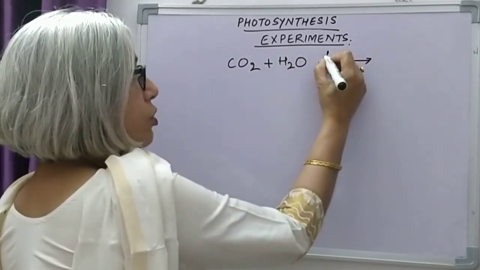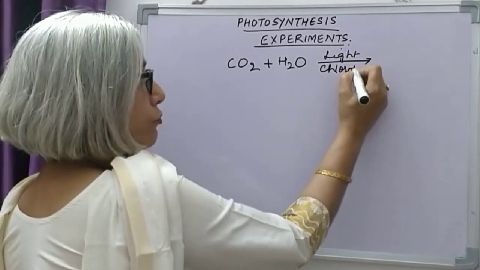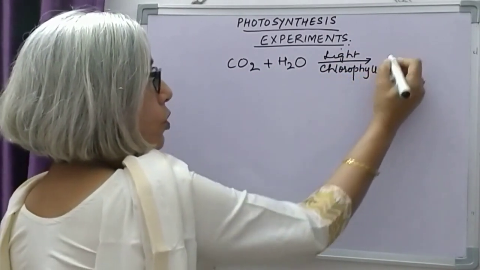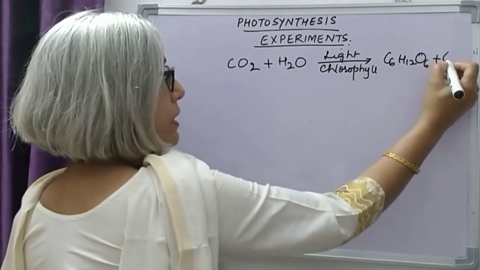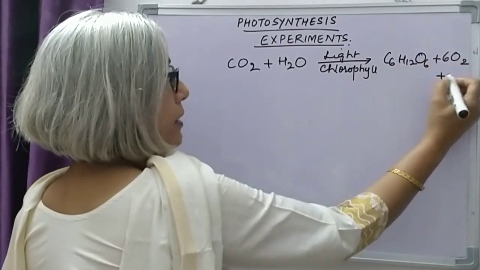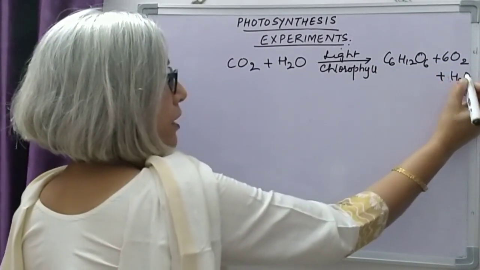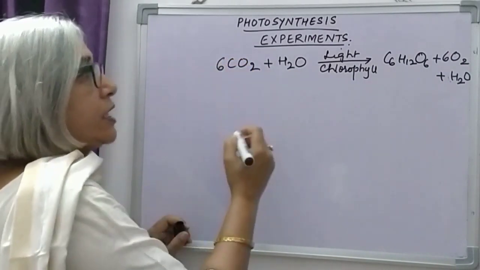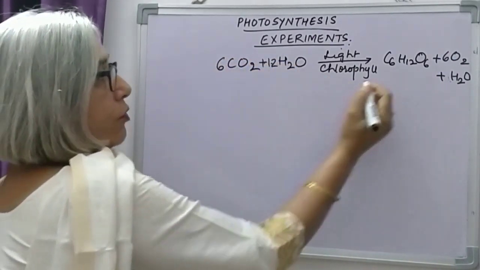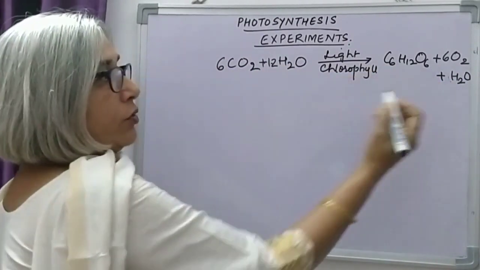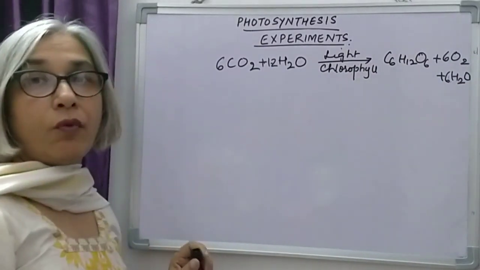In presence of light and the green pigment chlorophyll, glucose is produced, oxygen is given as a byproduct, and water is reformed in the reaction. If we balance the equation, 6 molecules of carbon dioxide, 12 molecules of water form 1 molecule of glucose, 6 molecules of oxygen and 6 molecules of water.